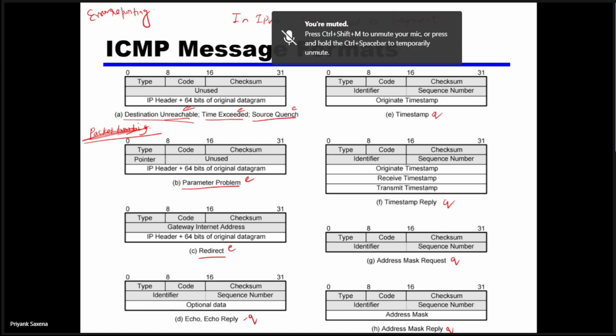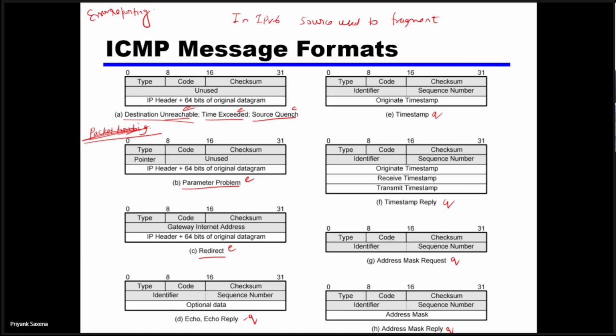Now, redirect. As I told you earlier, in a dynamic environment like the internet, there is always a possibility that new routes are discovered by the routers. I told you what dynamic routing is.